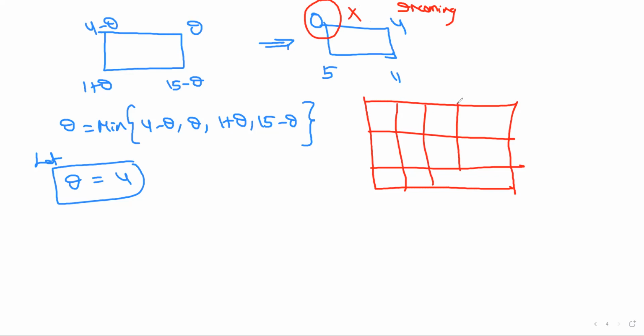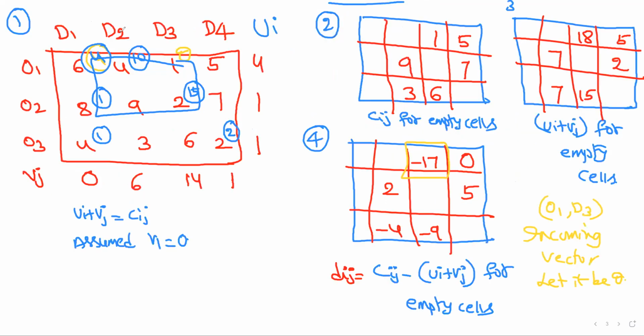Write the values of this one: 6, 4, 1, 5, 8, 9, 2, 7, 4, 3, 6, 9. Outside, 14, 16, 5, and 6, 10, 15, 4.